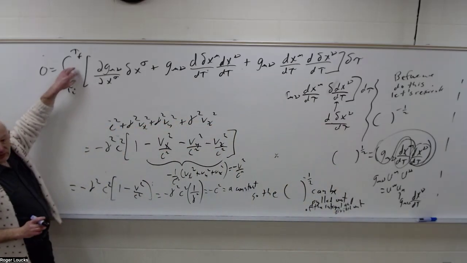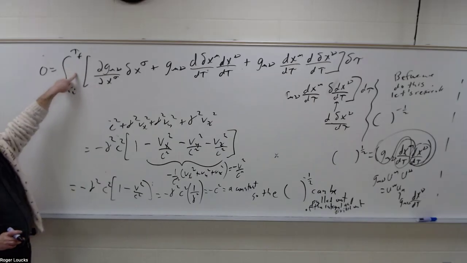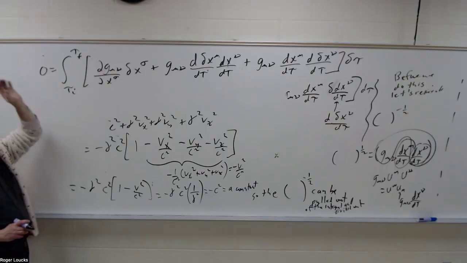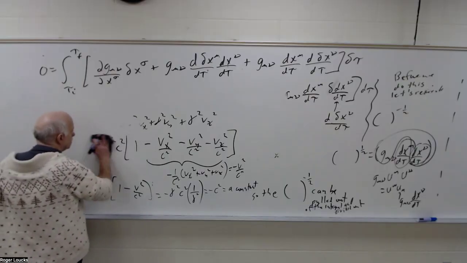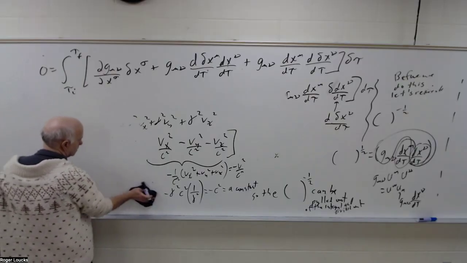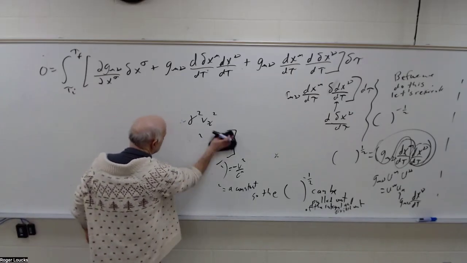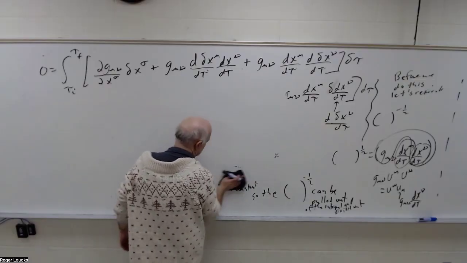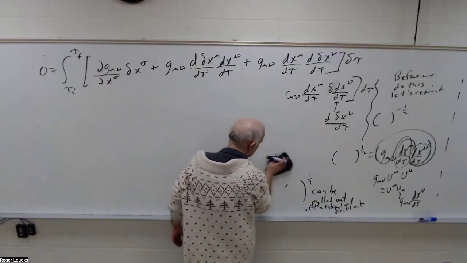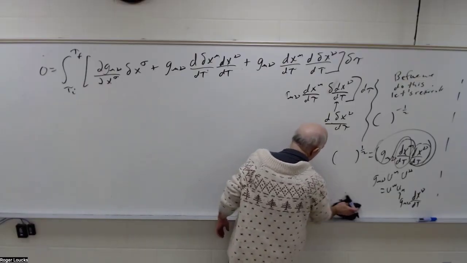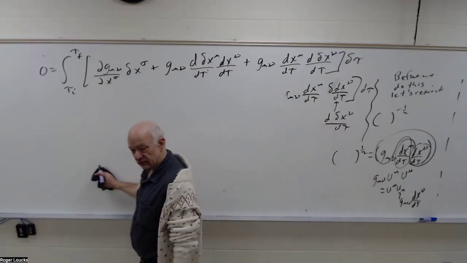We basically got rid of the constant factor here. This is the minus 1 over c squared term; I just cut it away. That makes sense?